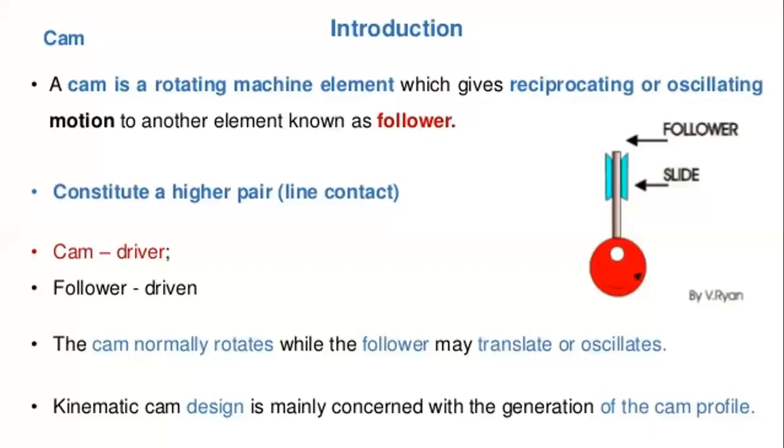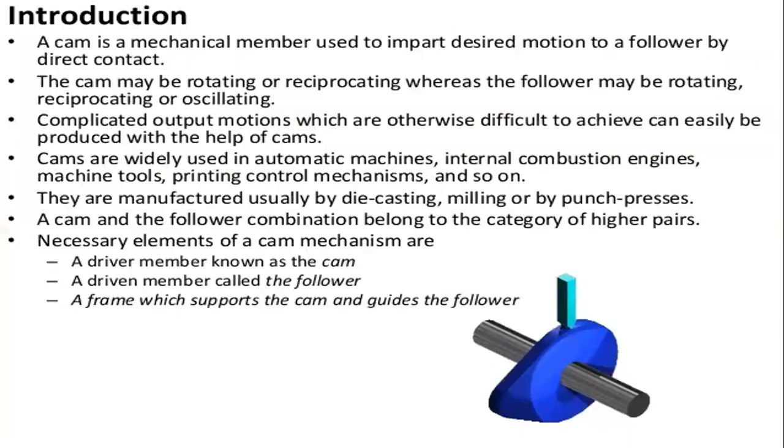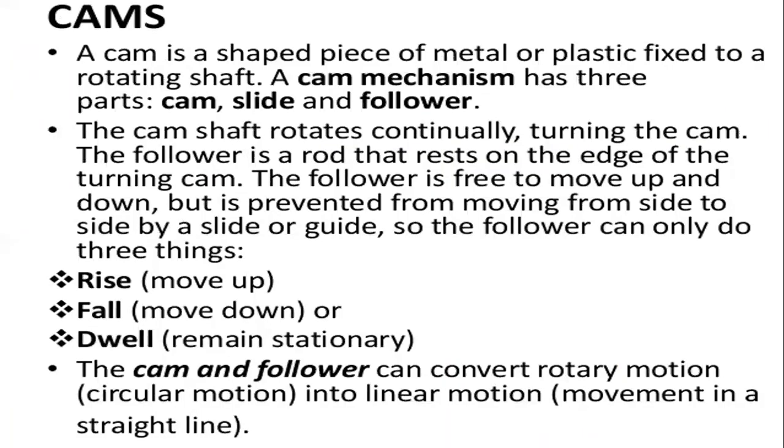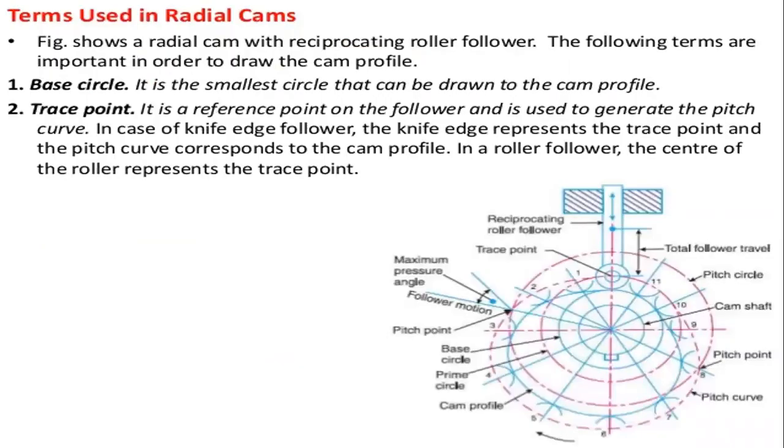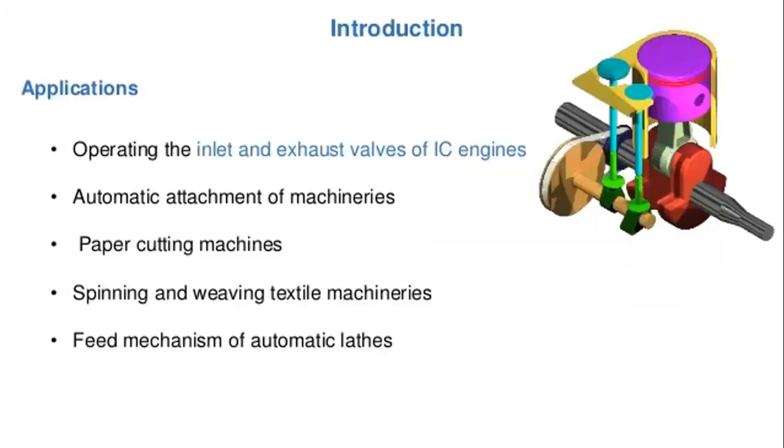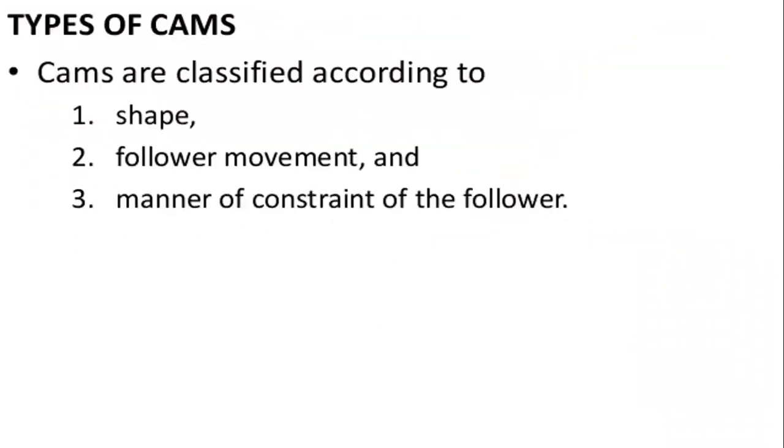So in yesterday's class, we discussed what a cam is and what the function of the cam is, and its pair, that is the follower, and we discussed what a driven member is and what a driver member is, and the three different types of movements of the follower and some terms used in radial cams and its applications. So today we are going to discuss the classification of cams.